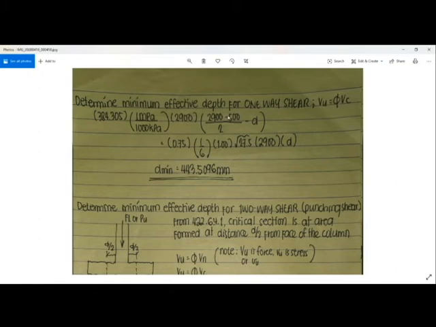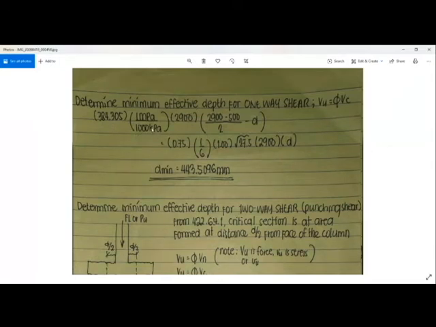This is the method I used on other modes of failure for footings. So let's determine the minimum effective depth of your footing in order for it to withstand one-way shear. This is our VU, 384.305 kilopascal, multiplied by 1 megapascal over 1,000 kilopascal.